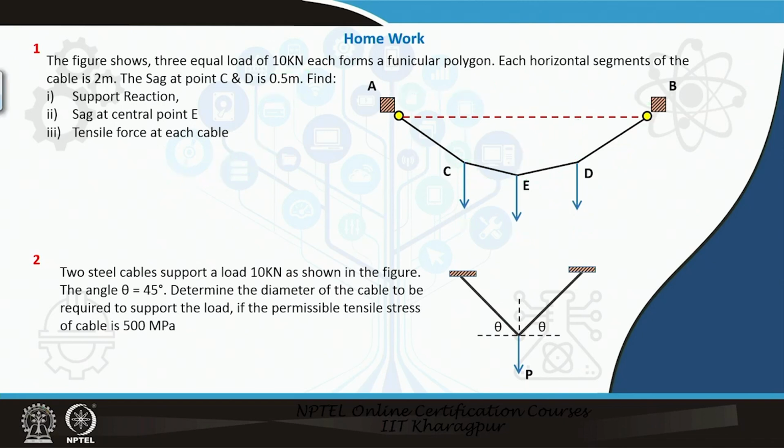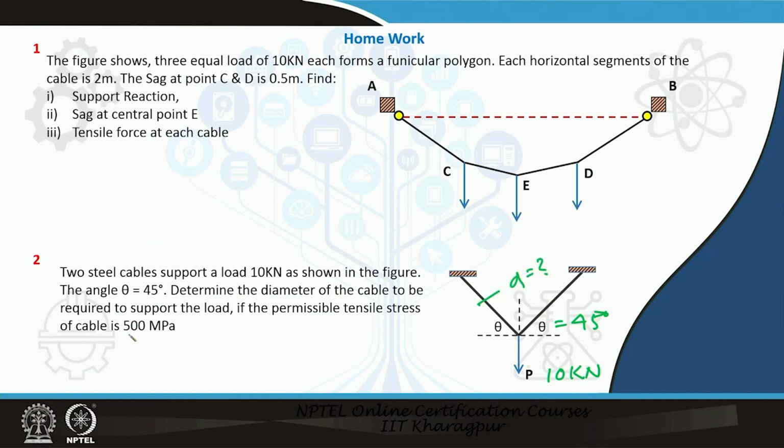And the second one is that, as we discussed in the very first example, there is a cable which is inclined at 45 degrees, theta is 45 degrees, and this P equals 10 kilonewton. You have to determine the diameter of the cable required for support.